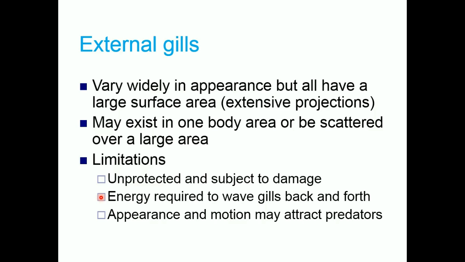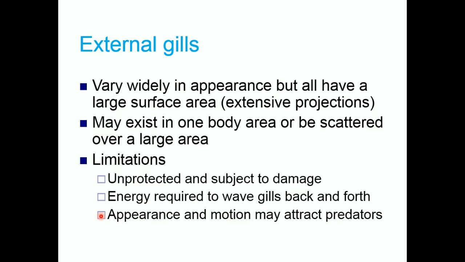And that requires some energy, but it also may attract predators. I mentioned many times throughout this course already that predators use movement as a visual cue. Cryptic species that are very well camouflaged will not be seen by a predator unless these cryptic species move.